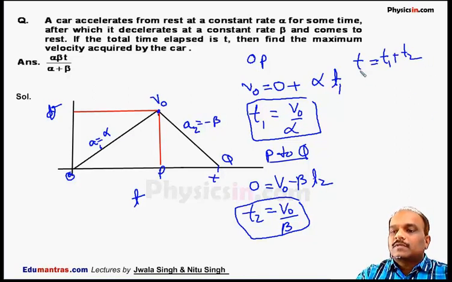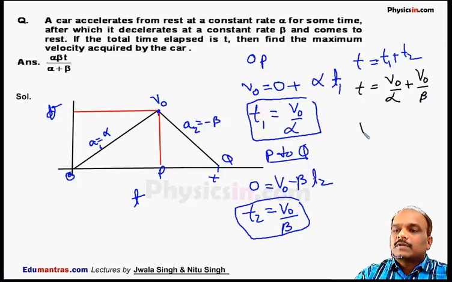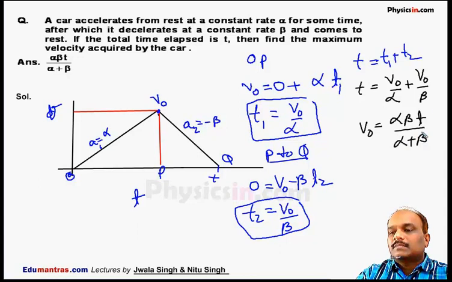So I can write t is equal to v0 by alpha plus v0 by beta. Solving this expression we get v0, which is the maximum speed acquired by the car, that is alpha beta t divided by alpha plus beta. This is the maximum speed acquired by the car during the entire motion.